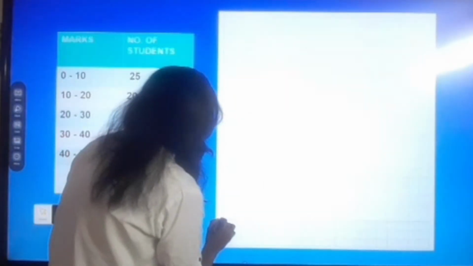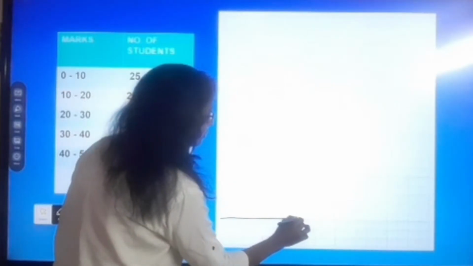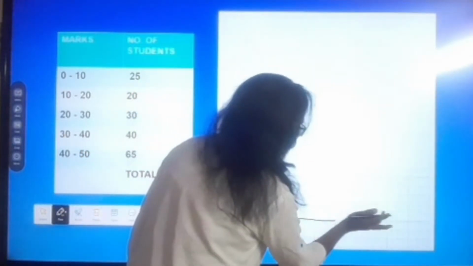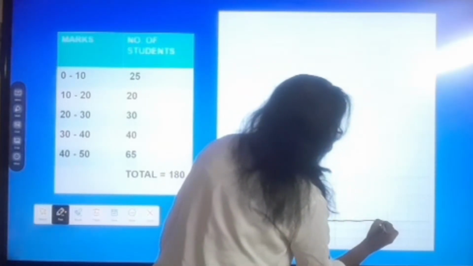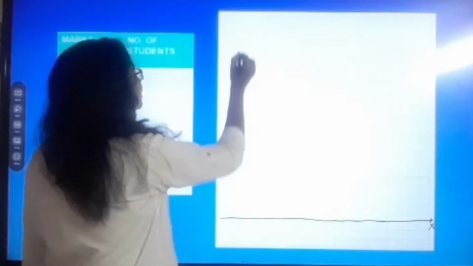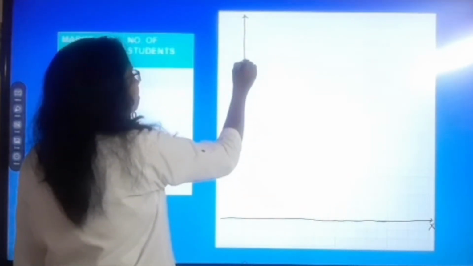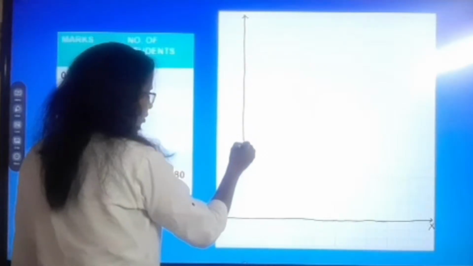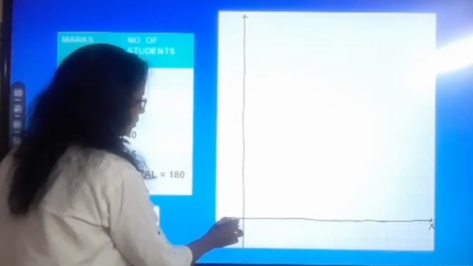So here first draw the x-axis, and here students draw the y-axis, and this is the origin.